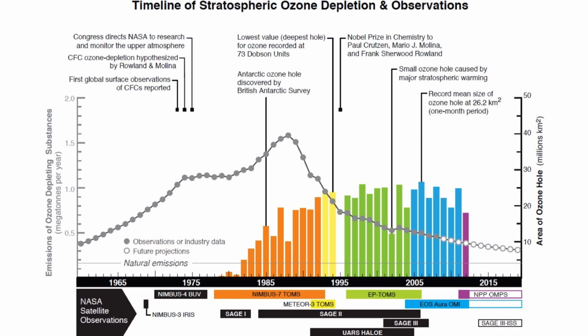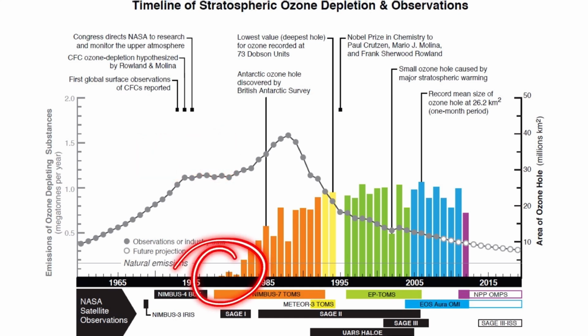In 1975, the United States Congress recognized the importance of understanding such atmospheric phenomena and directed NASA to research and monitor the upper atmosphere in order to better understand the chemical and physical integrity of Earth's upper atmosphere. Daily space based observations of global stratospheric ozone levels, particularly over Antarctica, started in 1978.